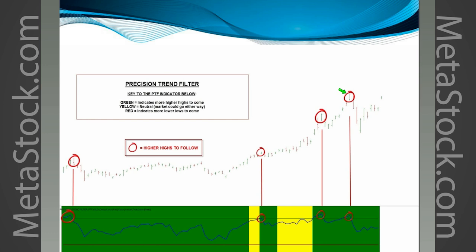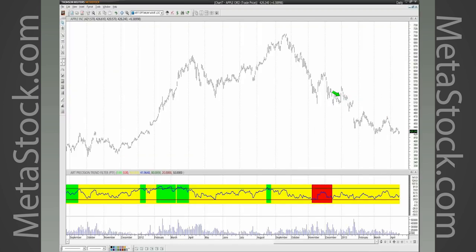So I think you can see from this how it can be helpful in order for you to make decisions as the market's unfolding of what kind of exits you may want to be doing if you're long in a particular trend. So again, if you're long in a trend and you have a green indication, you're going higher in the direction of that bullish trend. Likewise, if it's a bearish trend, you'll see red. All right, so let's move on to another slide and take a look and see what that shows.